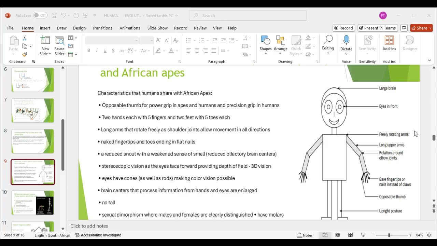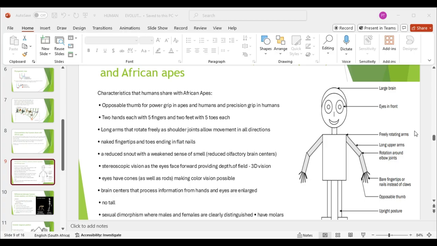So we are all able to see, with two eyes facing in a forward direction. Our eyes have cones as well as rods, making color vision possible. The brain centers that process information from hands and eyes are enlarged. So both humans and apes have a brain that processes information from our hands to our eyes.